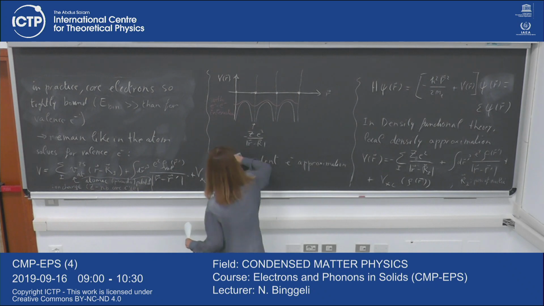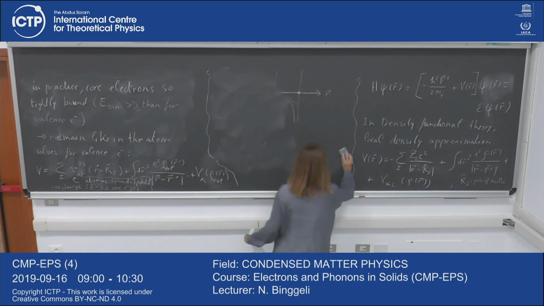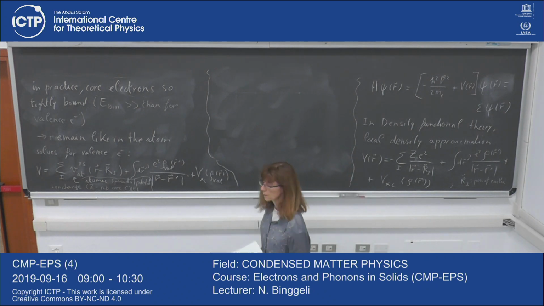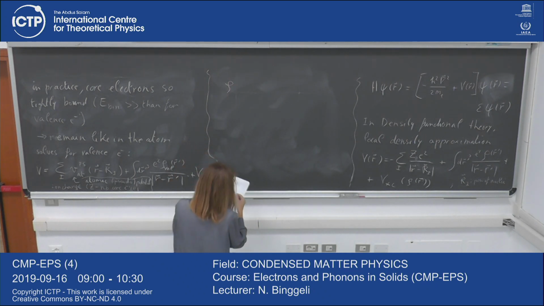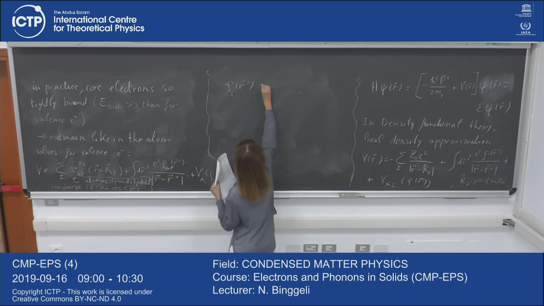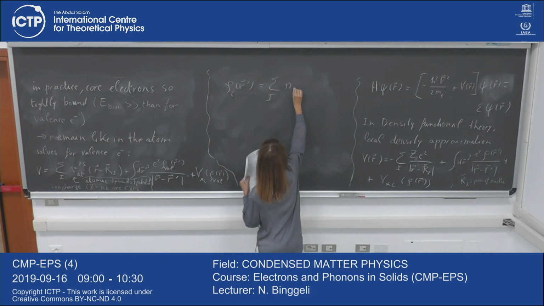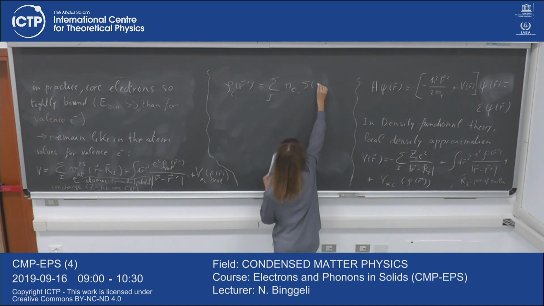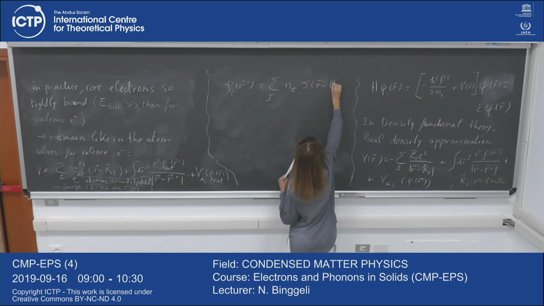Well, just to be a little bit more explicit, if you consider, for instance, that the core charge rho prime is equal to a sum over the nuclei of n core delta of R prime minus Ri.